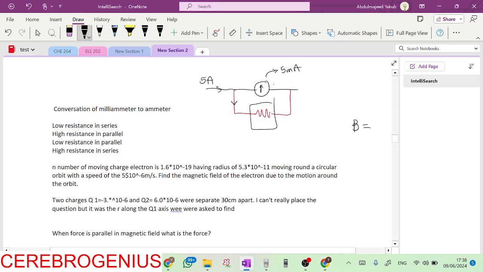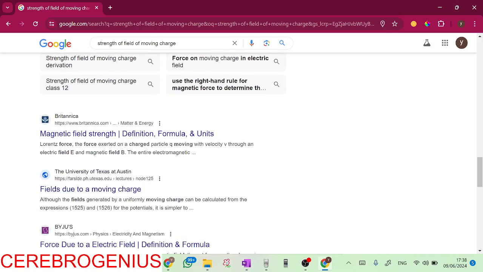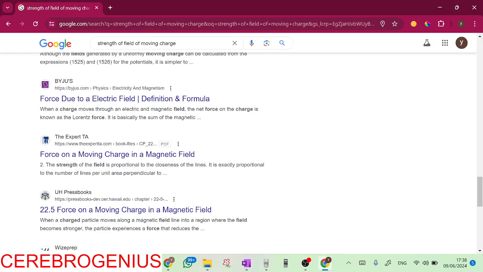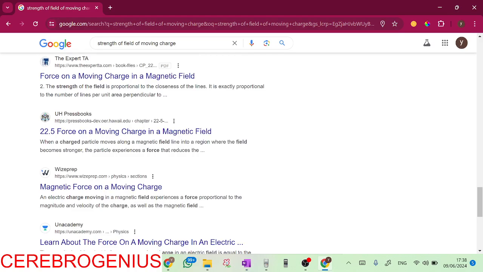Find the magnetic field of the electron. The field of the electron. That should be Biot-Savart, but I can't remember the law.